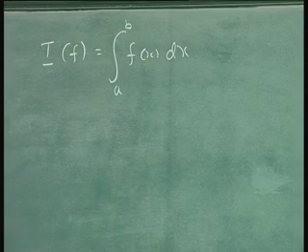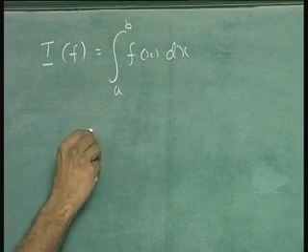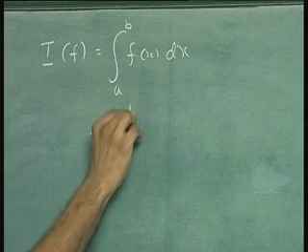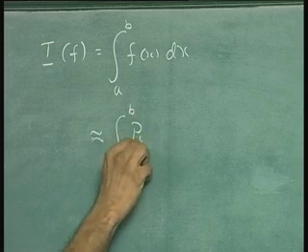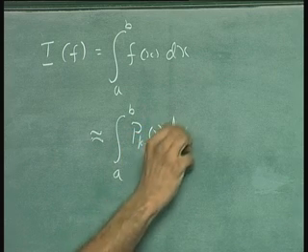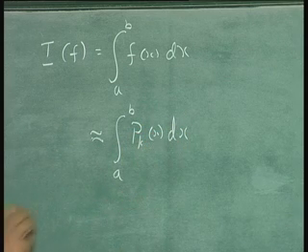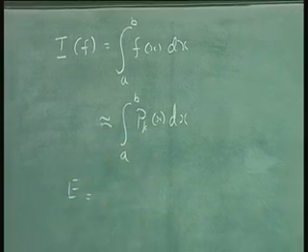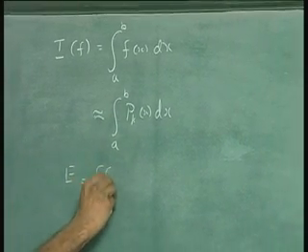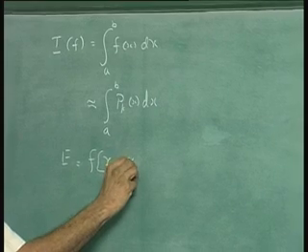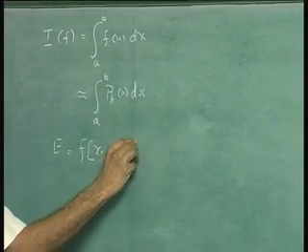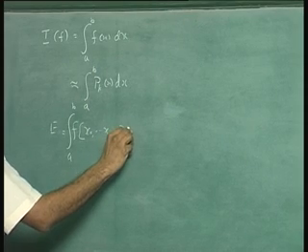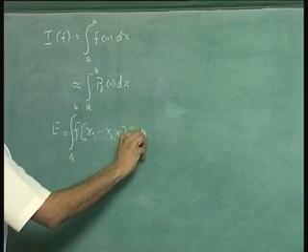We wrote this as an approximation by saying that this can be approximated to integral a to b p k of x dx, and we said that the error in such integration is given by the next term in the polynomial, which is f of x0 to xk and x, integral a to b of this into psi k of x dx.